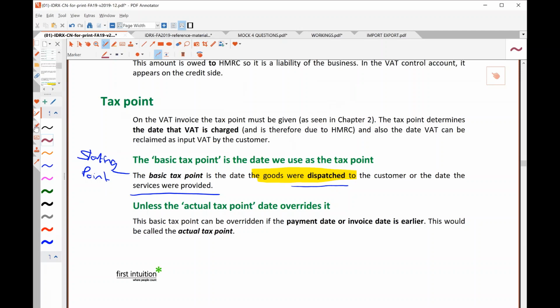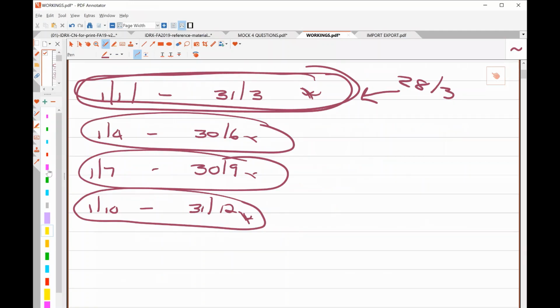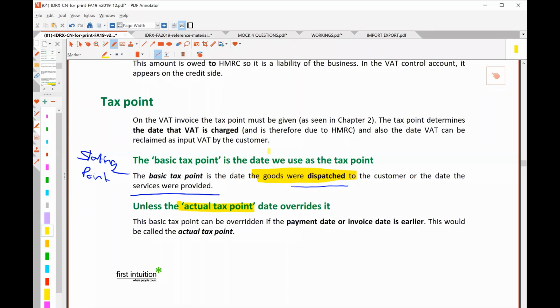Our actual tax point is the date that we end up using, which dictates which period we put it in, which is really important. So we've got our starting point, our basic tax point.